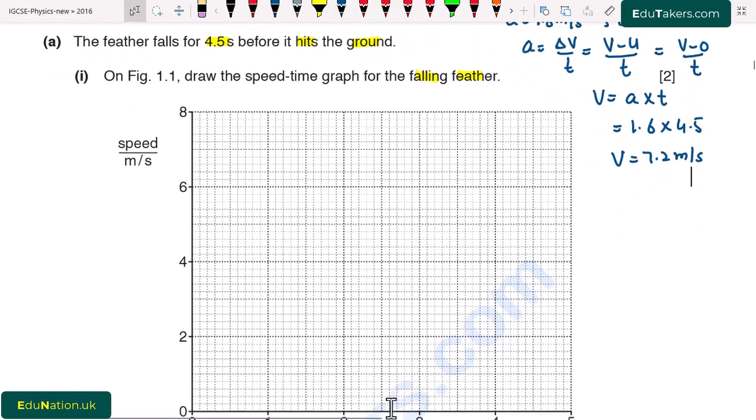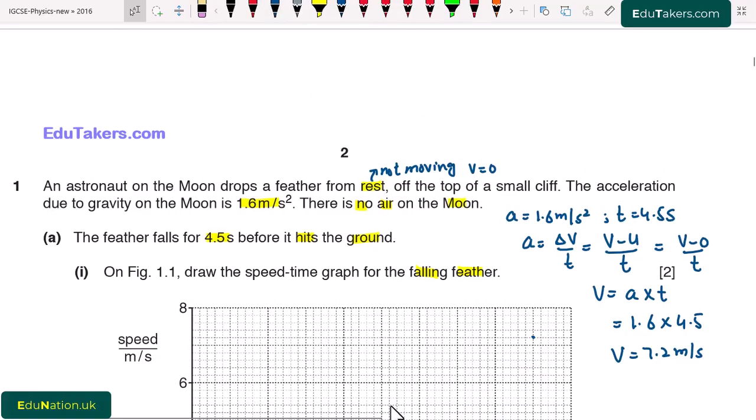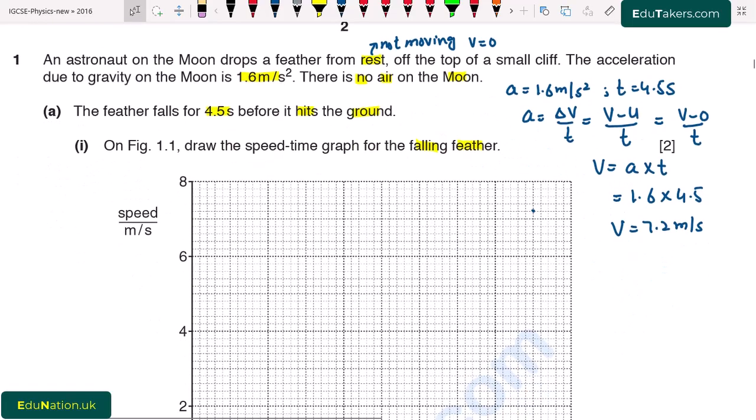It means that at 4.5 seconds, which is at this point, the speed is 7.2 meter per second. Here it is 7 and this point is 7.2. And it is also given that the acceleration is 1.6 meter per second square. It is the constant acceleration. Constant acceleration means that the speed increases uniformly.